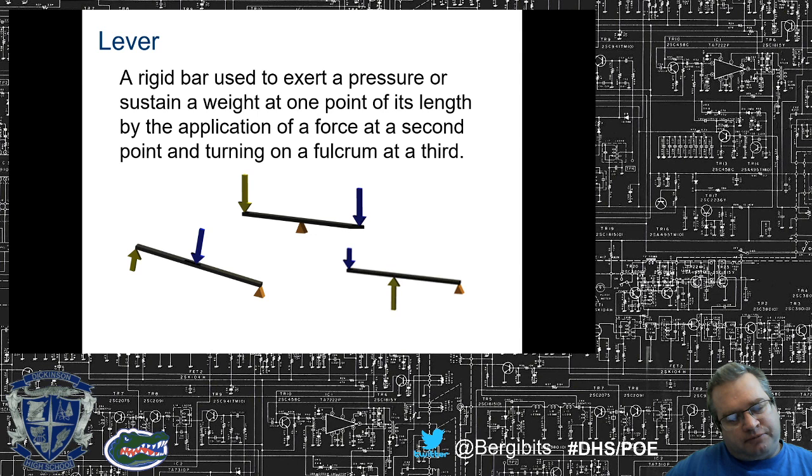Bottom right animation, the force resistance, I'm sorry, force resistance is on the outside of the lever, and that is going to be a mechanical advantage of less than 1. So the one on the right is harder than the one on the left.